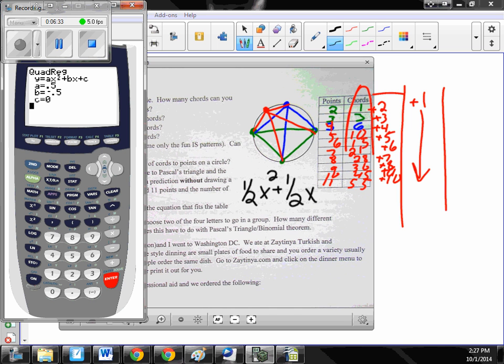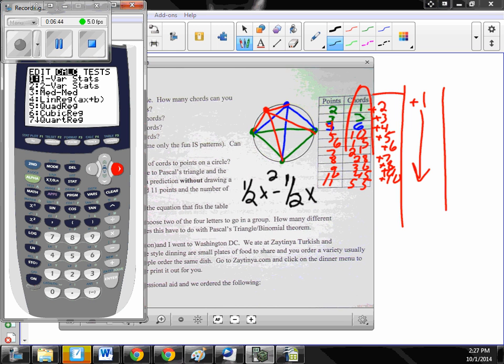Oh, sorry, minus. So stat, and then go to the right to calc, and number 5 is quadratic regression. Okay, and it might be easier to write this as 1/2 x squared minus x.